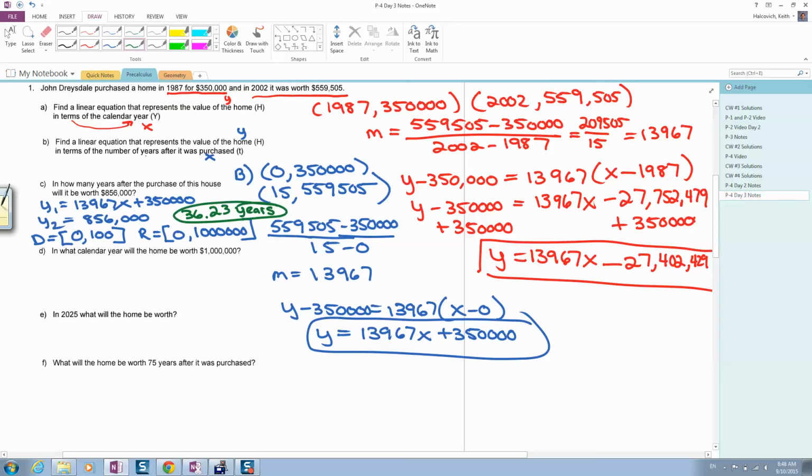That's our answer. All right, part D, it says, in what calendar year will the home be worth 1,000,000? So this is where we want to use the calendar year equation. So y sub 1 is equal to 13,967x minus 27,402,429.